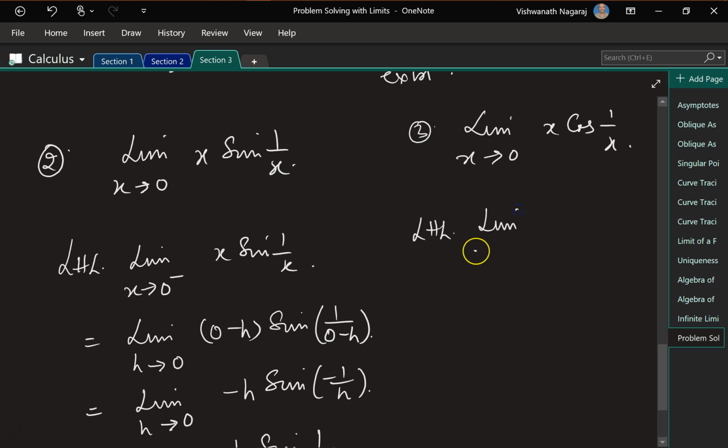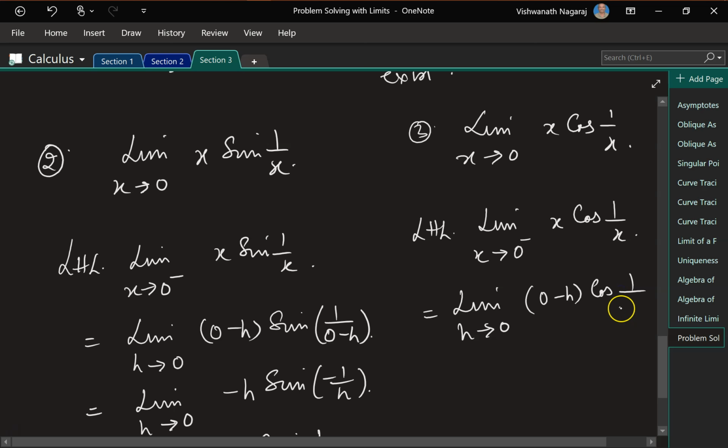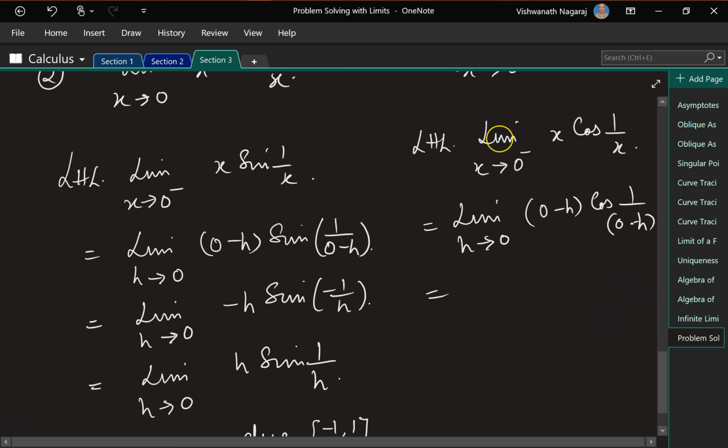Limit as x approaches 0 from the left hand side of x cos 1 by x. This is equal to limit as h approaches 0 of 0 minus h cos 1 by 0 minus h. Now this is limit as h approaches 0 of minus h cos minus 1 by h.